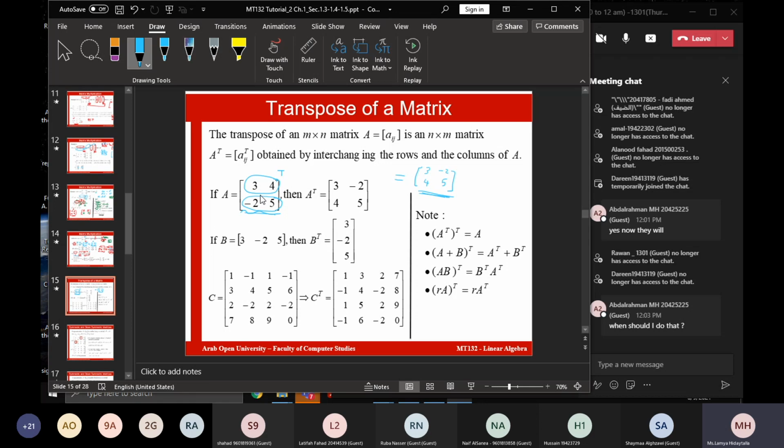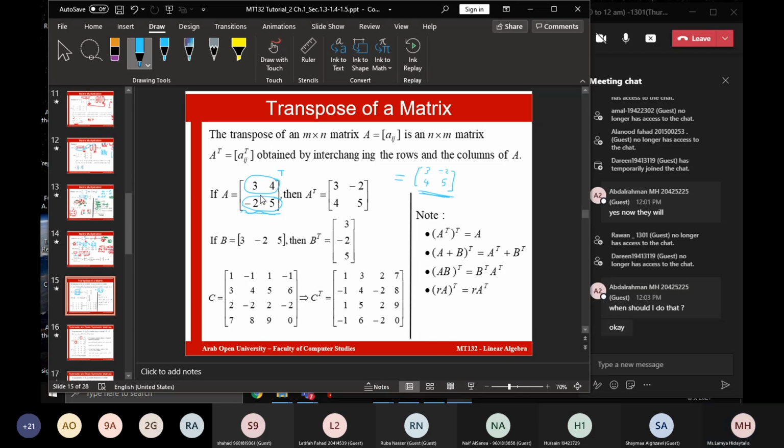In other words, to change the Aij into Aji. For instance, this was which element? This was the element A in the first row, second column. Now where is the 4? It is A21.